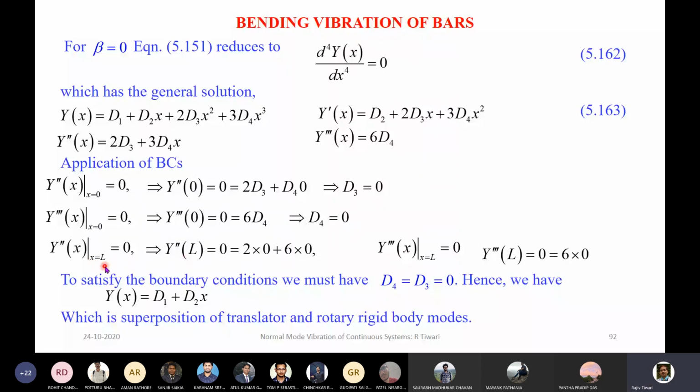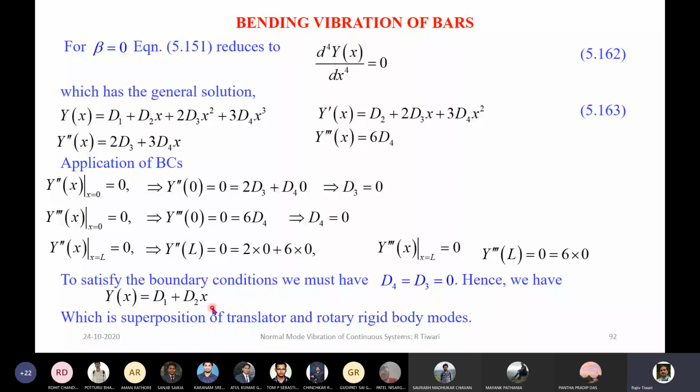At x equal to L, we will get the same thing, or the equations will be satisfied. We are not getting any additional information from the last two boundary conditions at x equal to L. So from the first two boundary conditions, we got d3 equal to 0 and d4 equal to 0. So this equation will reduce to d1 plus d2 x.